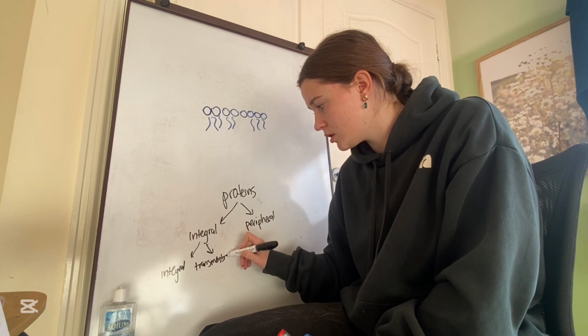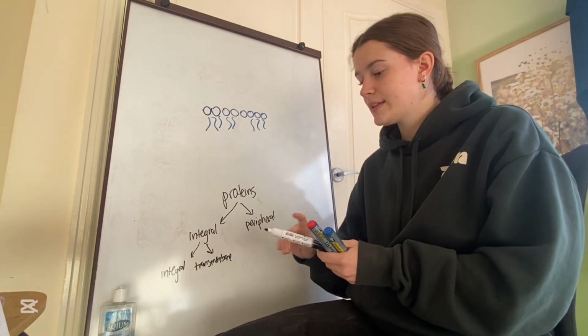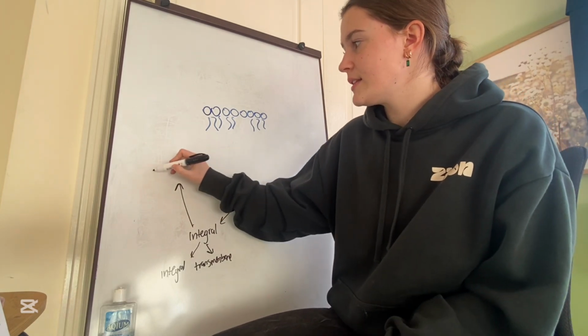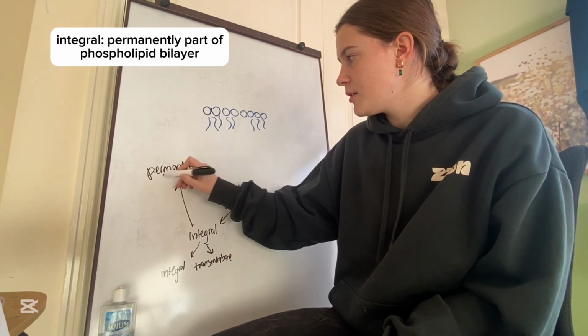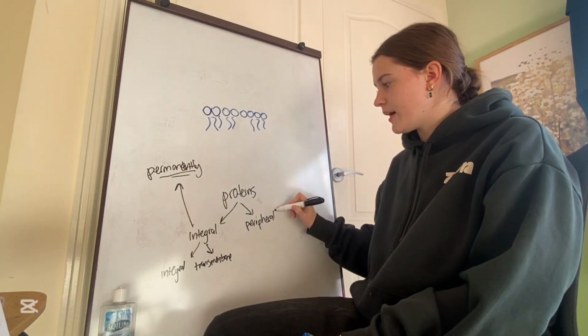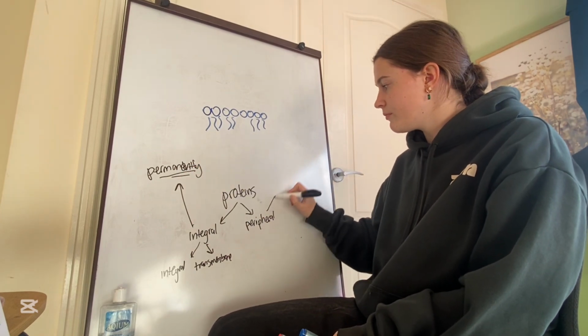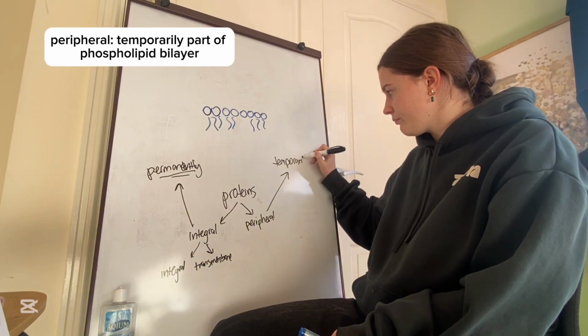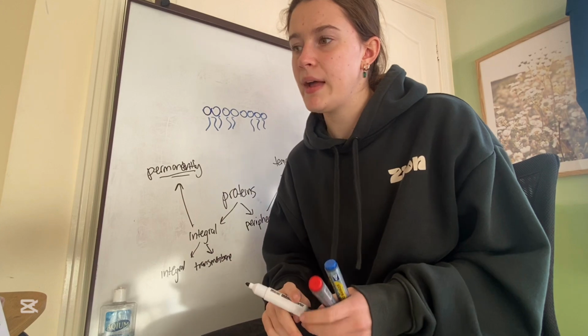Integral proteins are proteins that are permanently part of the phospholipid bilayer, whereas peripheral is only temporarily part of the phospholipid bilayer.